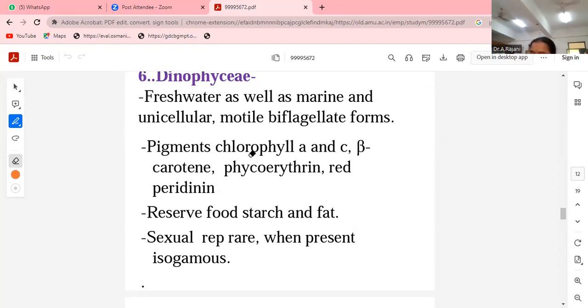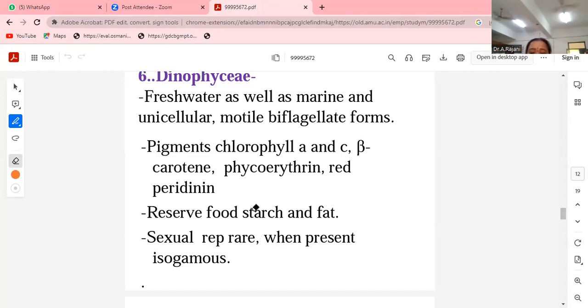Coming to the reserve food material, it is starch and oil fats. Sexual reproduction is very rare and not well defined; it is the isogamous type. An example is Peridinium.